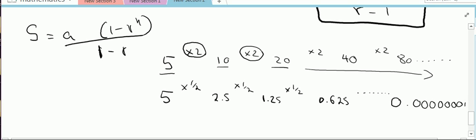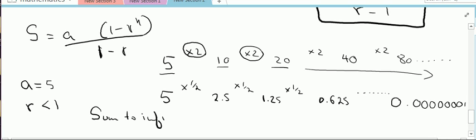So the geometric progression says that if you have any a, let's say 5, and your r is less than 1, and you want to find the sum to infinity. Sum to infinity means you don't have a limit, you don't have n.